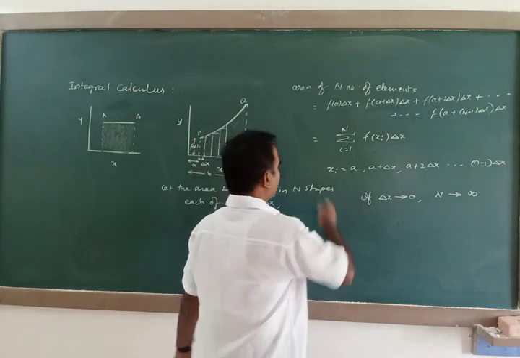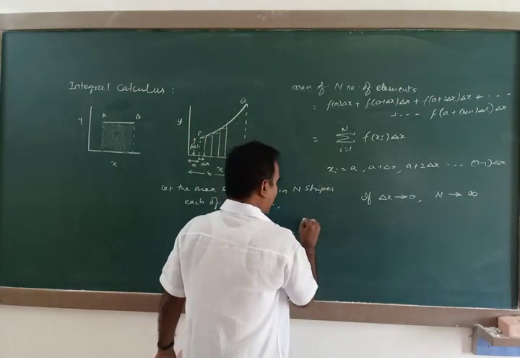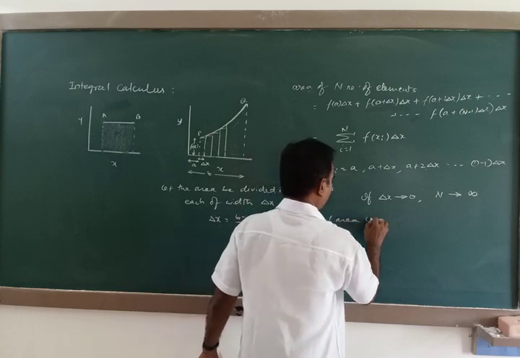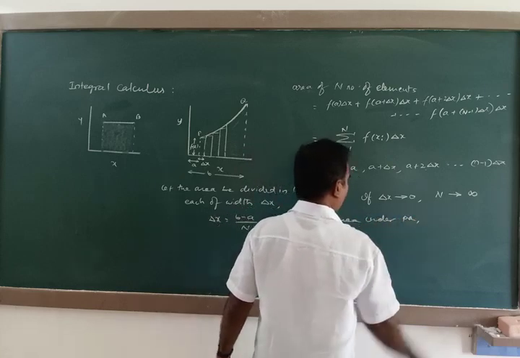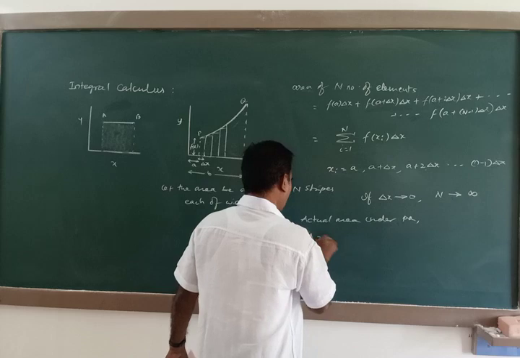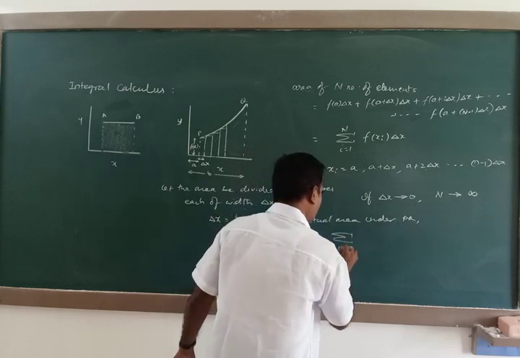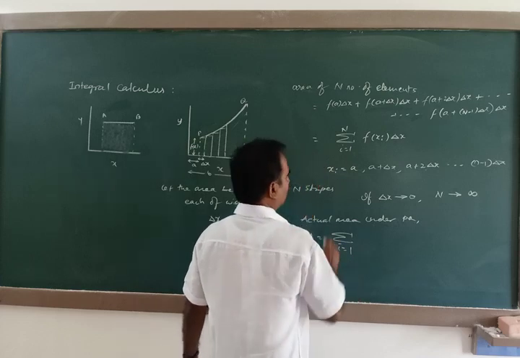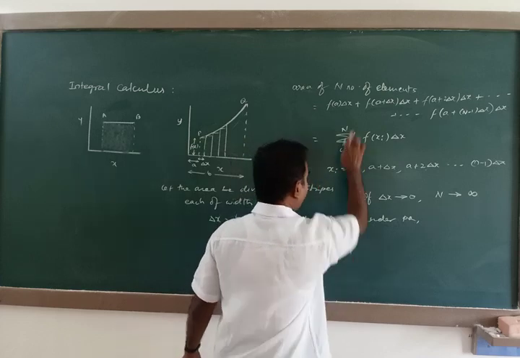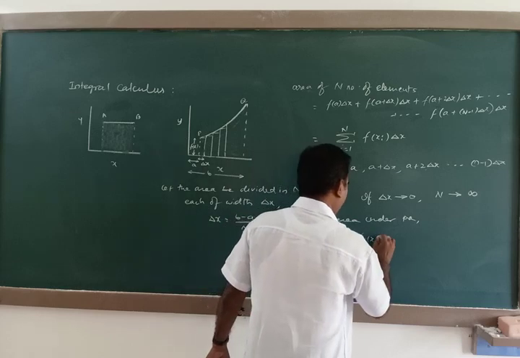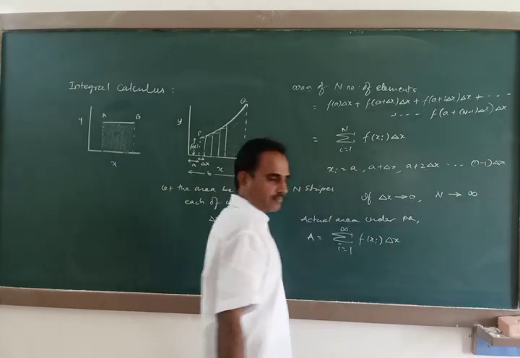So under such condition, the actual area under PQ can be written as the summation, where i ranges from 1 to n, here n is infinity, of f(xi) delta x.